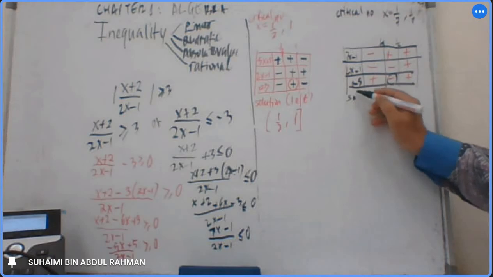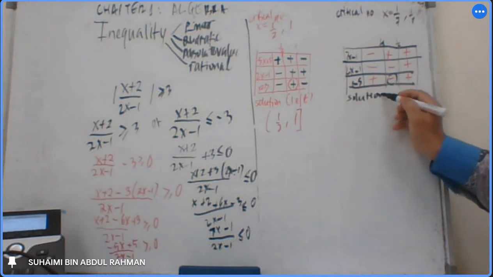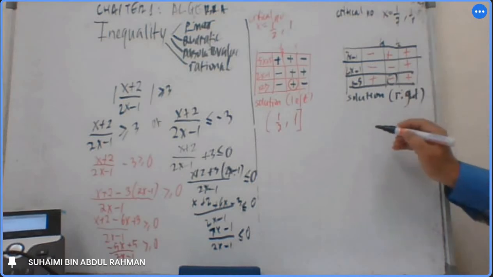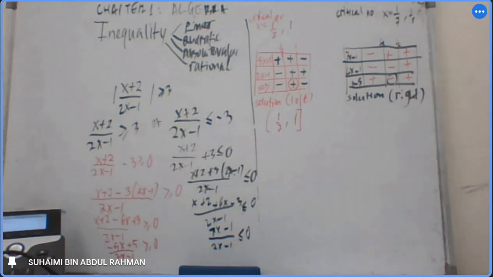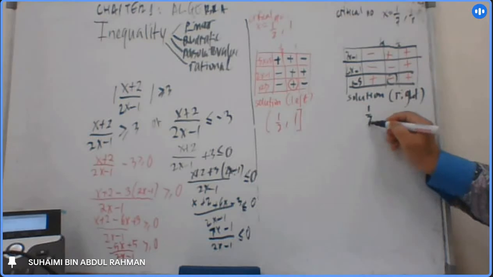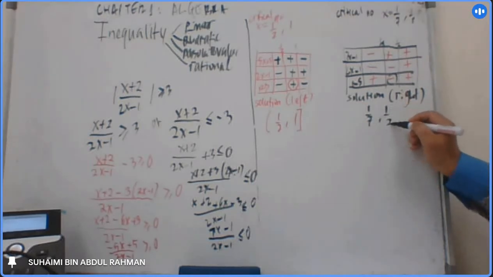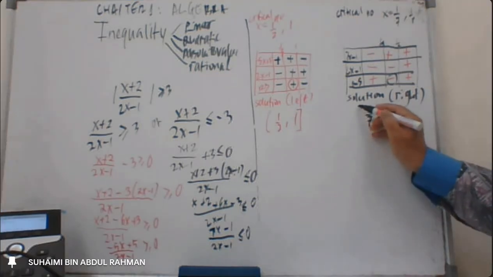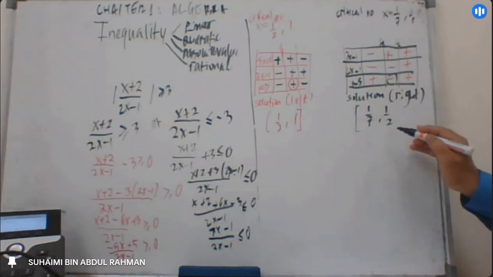So the solutions for right are from where to where? From 1/7 to 1/2. Is that including 1/7? Yes. 1/2?